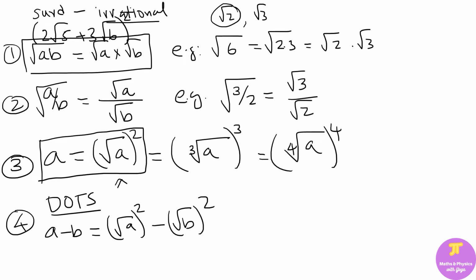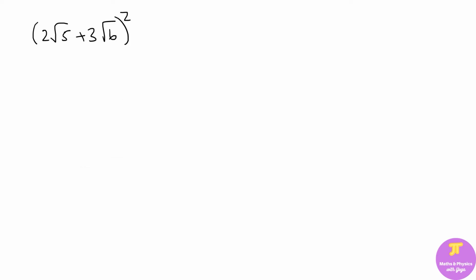So you can write a as square root of a squared and b as square root of b squared. This is in the format of the difference of two squares. So this can be converted into square root of a plus square root of b, times square root of a minus square root of b. Let's see how we can use the rules that we learned so far.